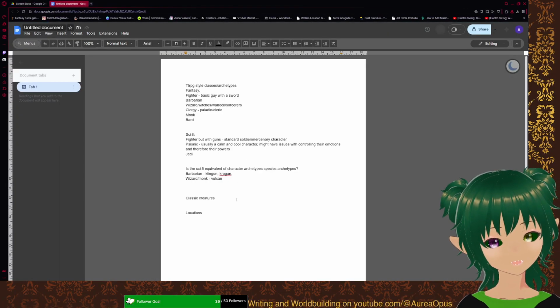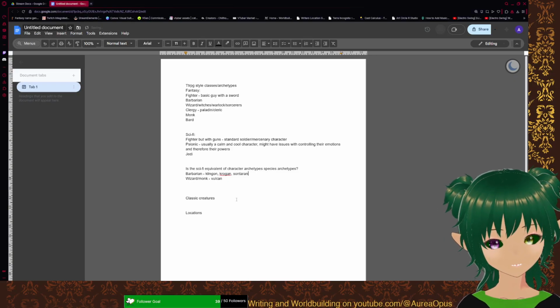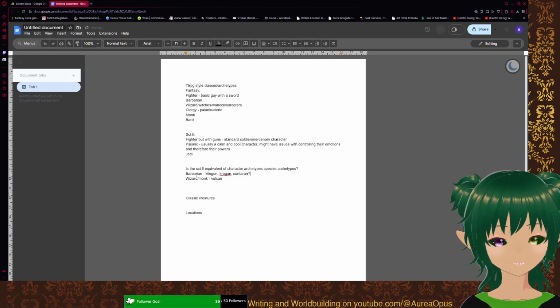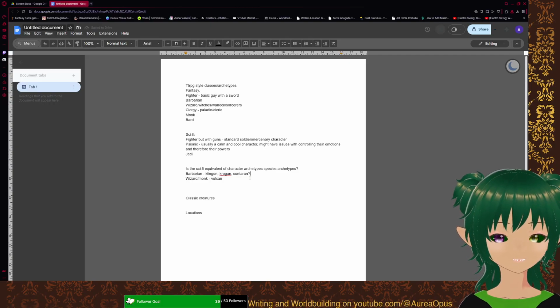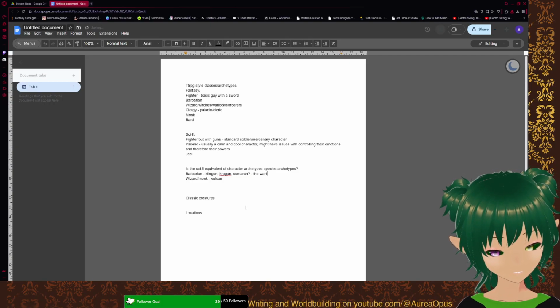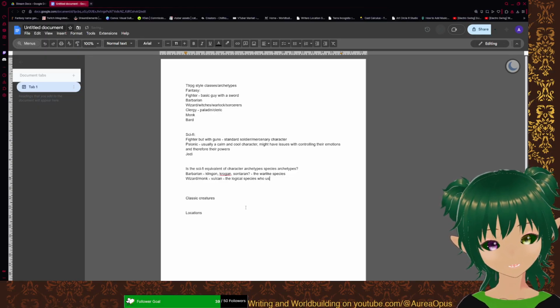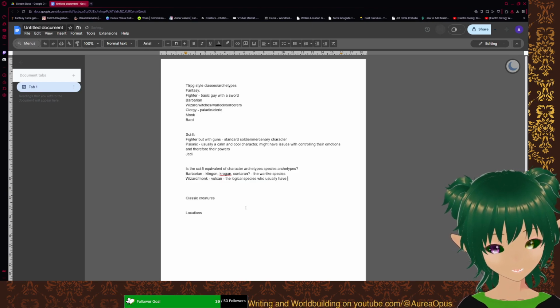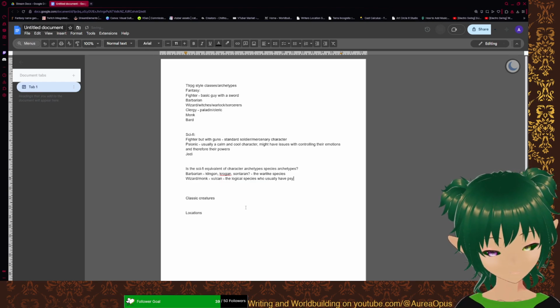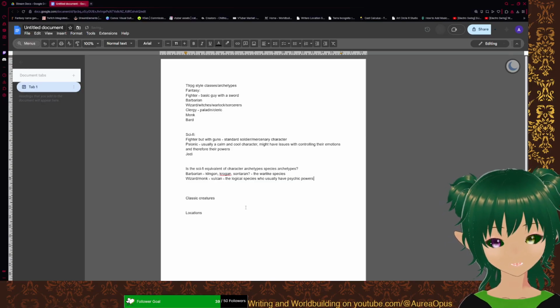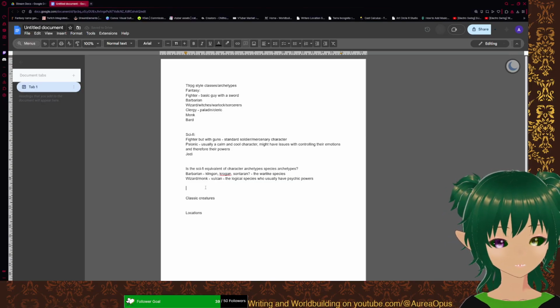Not quite the same archetype as this, not quite really a barbarian character, but the warlike species, and then the wizard/monk, the logical species, who usually have psychic powers. There we go. Yeah, Bard's not really a proper equivalent, you'd have to make one up.